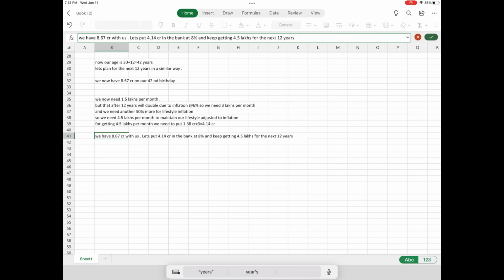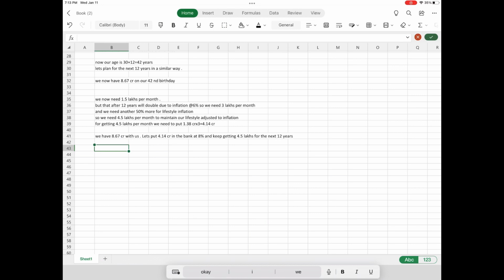From this 4.14 crores. Where did I generate it? I generated it from the Nifty growth, the Nifty which had grown to 8.67. From that I am going to take 4.14 crores and put it in the bank, so that I am totally covered for the next 12 years of my life.